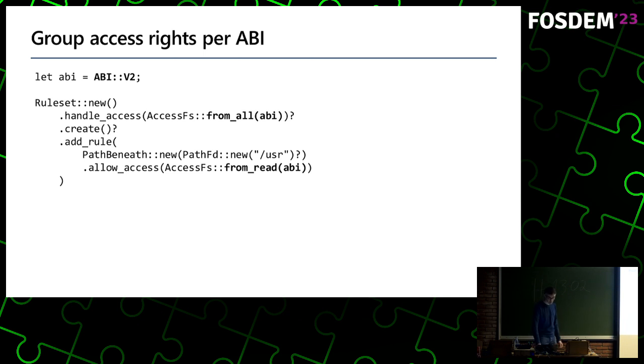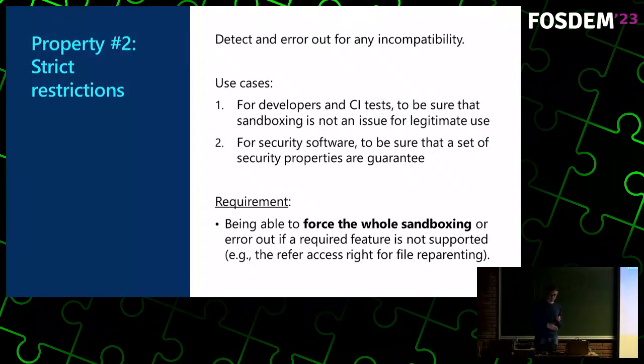And you can do kind of the same when adding a new rule. This time, you want to add an exception on /usr to make it readable. In this case, there are two main groups, from read and from write. For example, from read includes reading a file, but also reading a directory, so listing a directory.